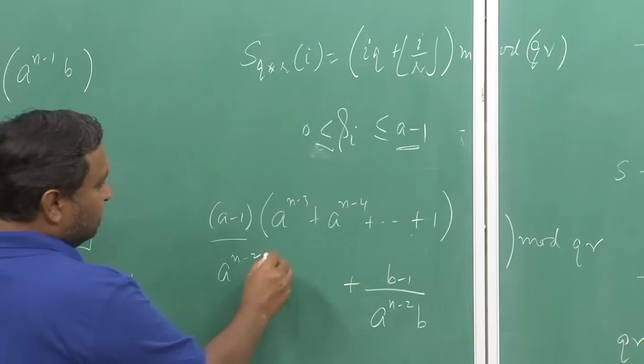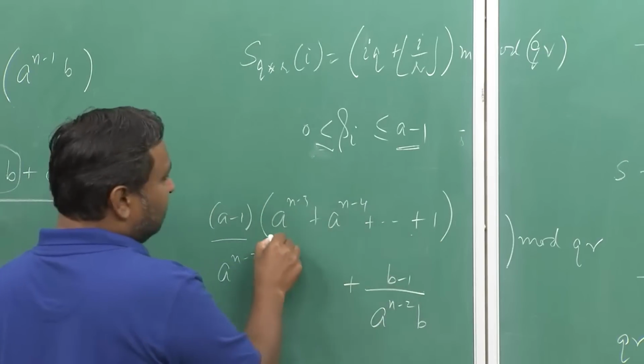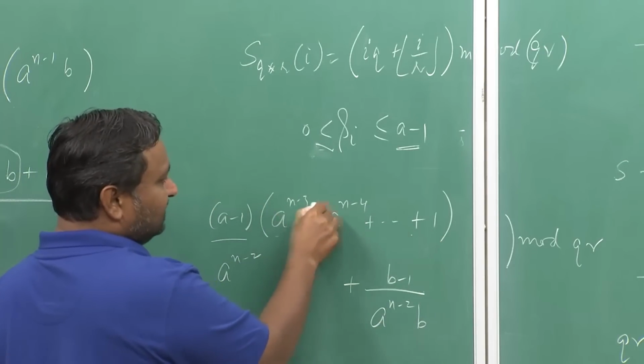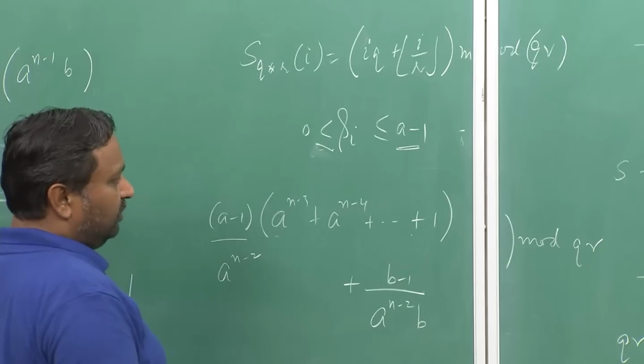So, this series consists of how many terms? There are n minus 2 terms actually, it is n minus 3 a raised power 0.